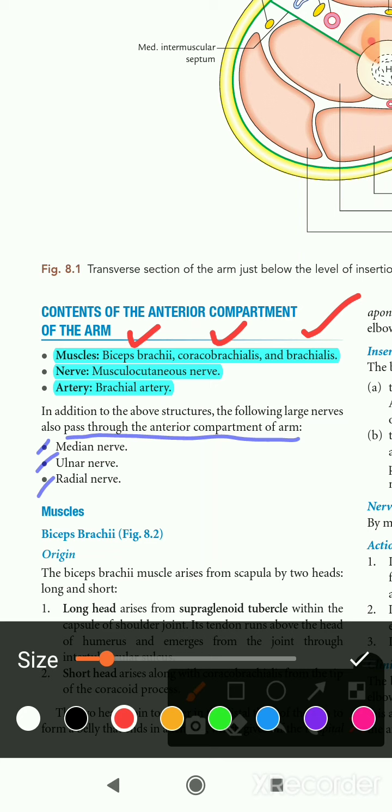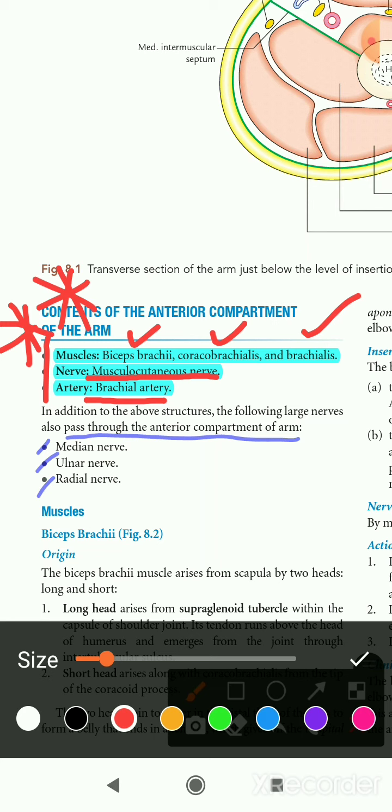All these muscles located in the anterior compartment of the arm have their own nerve supply, the musculocutaneous nerve, and their own blood supply, the brachial artery. This is very important for both viva and written. So the anterior compartment muscles are three, the nerve supply is the musculocutaneous nerve, and the artery is the brachial artery.